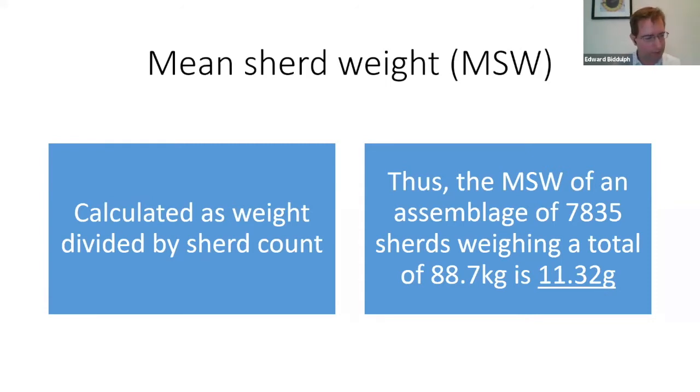Mean sherd weight is a familiar and useful way of looking at fragmentation of your assemblage, and we can use that information to look at questions about deposition patterns, waste management, zoning, activity areas, that sort of thing, based on some assumptions.